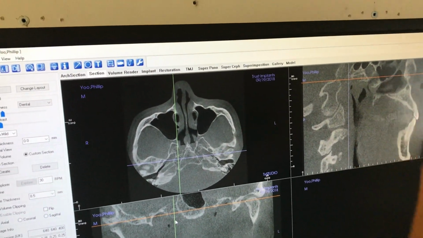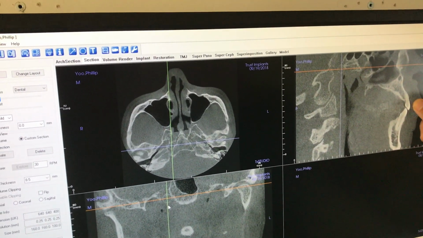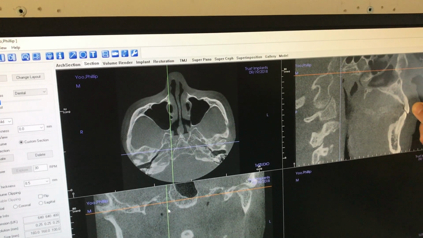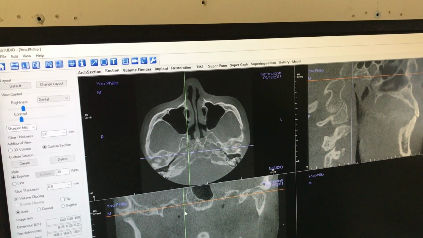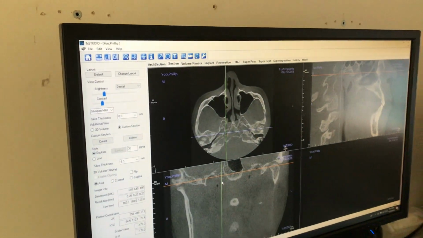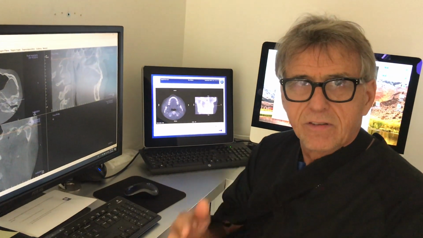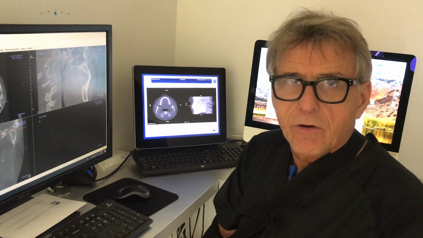When the whole maxilla, this tooth should have been a quarter inch to a half inch further out, and that is almost endemic in Western civilization because of our dietary changes.